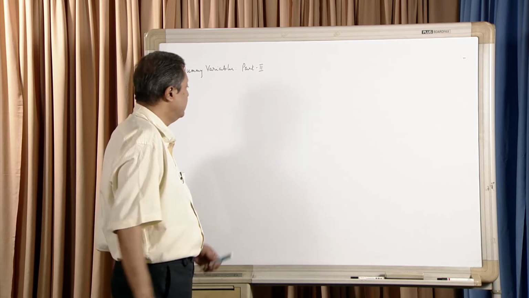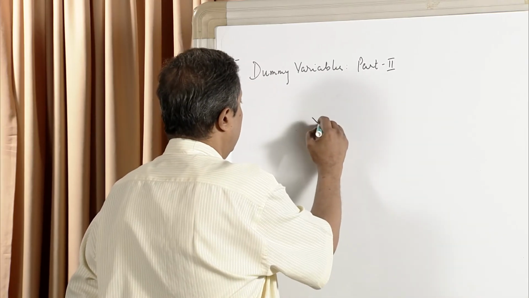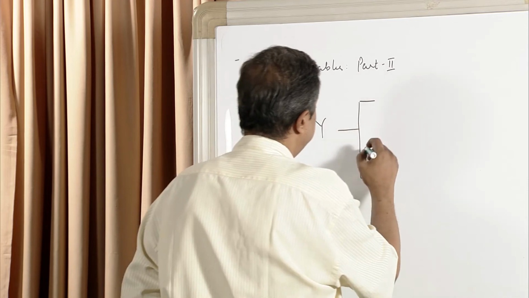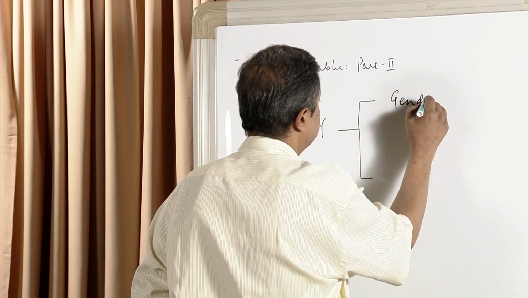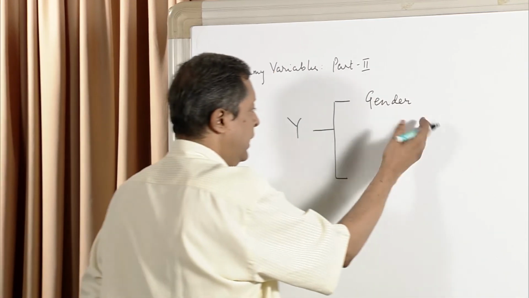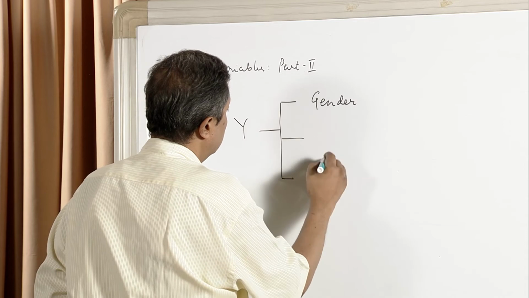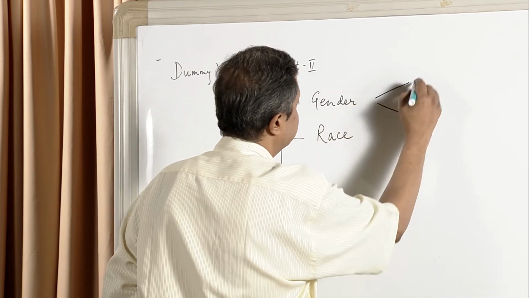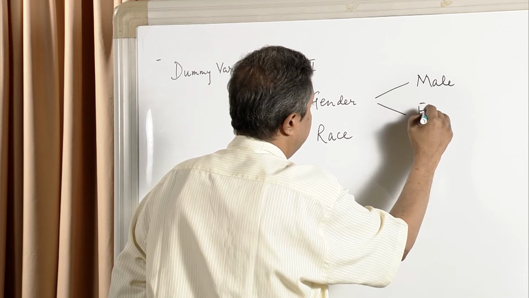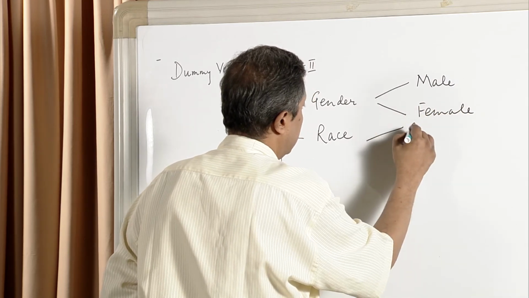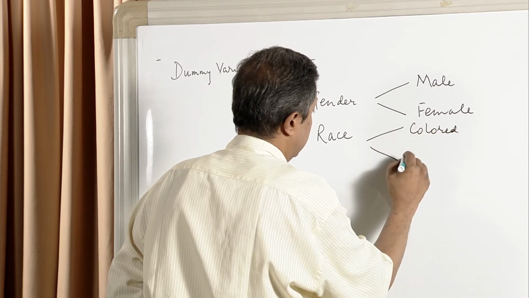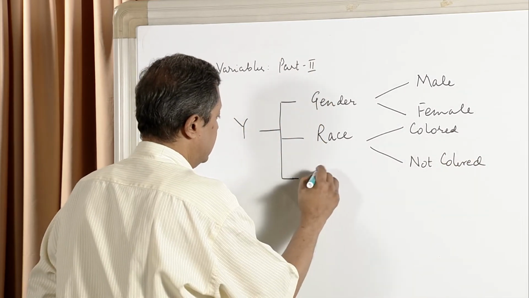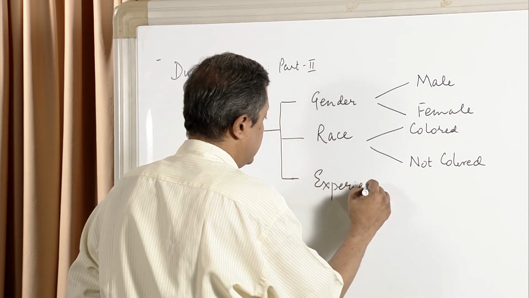So, let us take an example where variable y is affected by maybe gender, which is male or female, also maybe by race, which could be maybe colored and not colored, and maybe by experience.